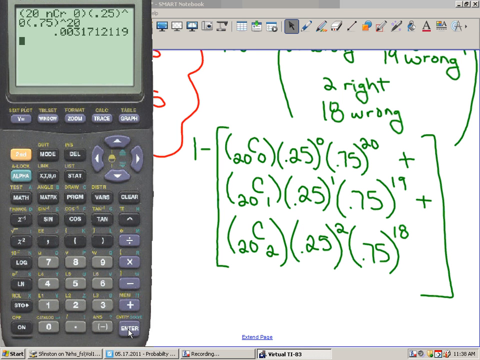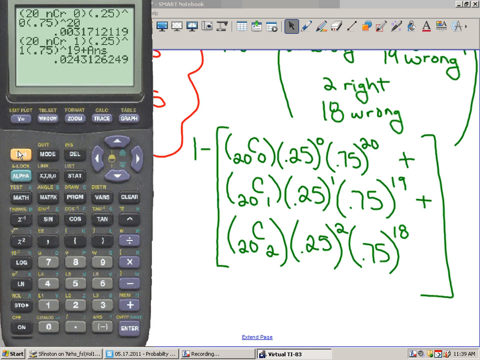Then you take the next one, the entry. So we want 1 right, and we want 19 wrong. And Cam, tell me, buddy, what do we do? Plus the answer that we just got. And what it does is it'll make that calculation, but add on the one we got before. Just a different way of entering it into your calculator. And then you get that. And then we're going to do the next one.